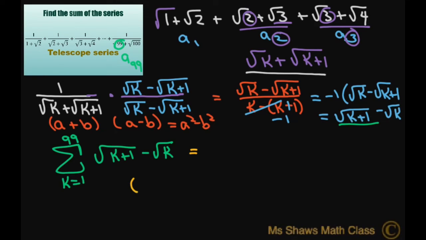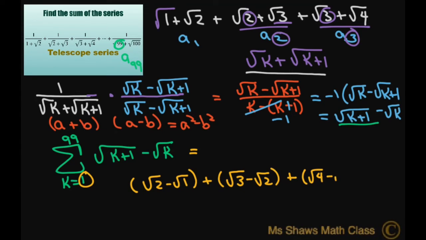So let's write out some terms. We will get, for the first term, when you start at 1, square root of 2 minus square root of 1. Then you're going to get plus square root of 3 minus square root of 2. Then plus square root of 4 minus square root of 3 plus dot dot dot plus square root of 100 minus square root of 99.